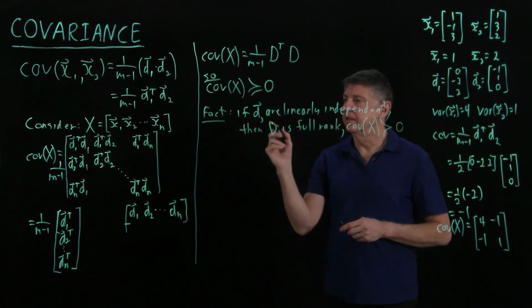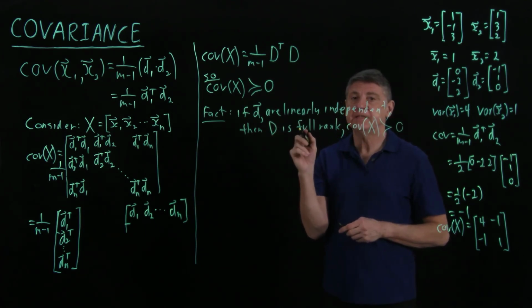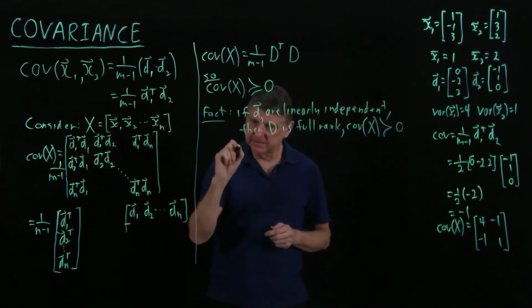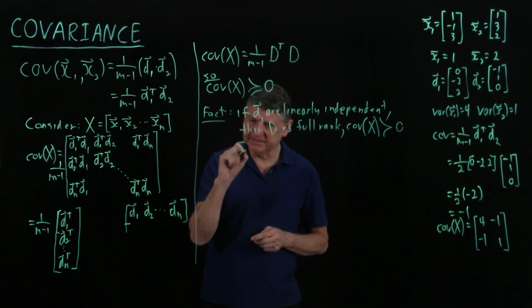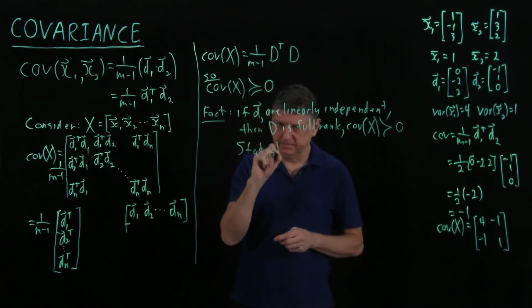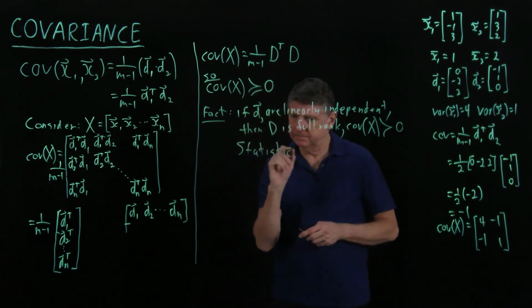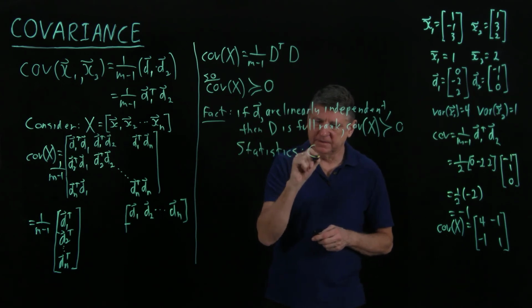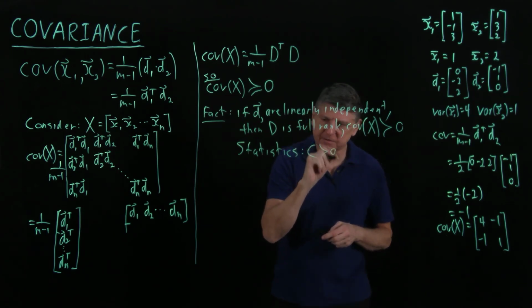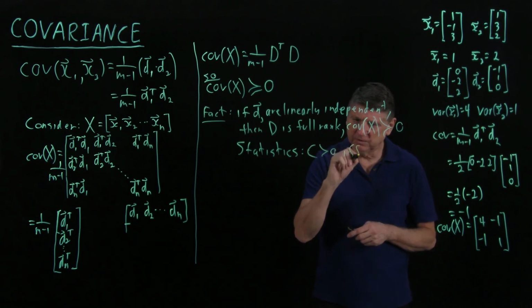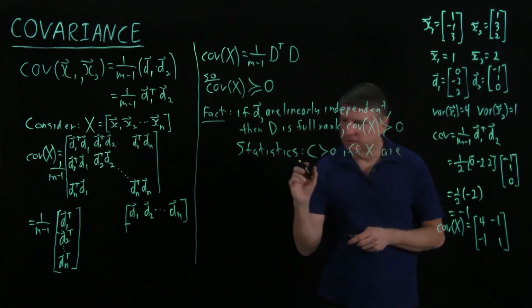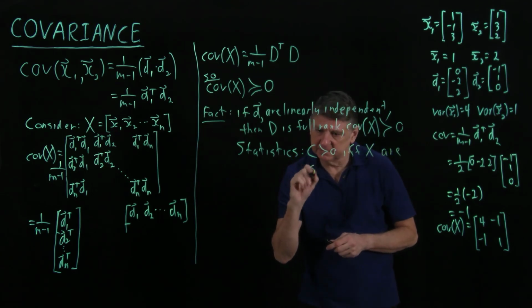So when does this happen? From statistics, the covariance matrix is symmetric, positive definite if and only if these x vectors are statistically independent.